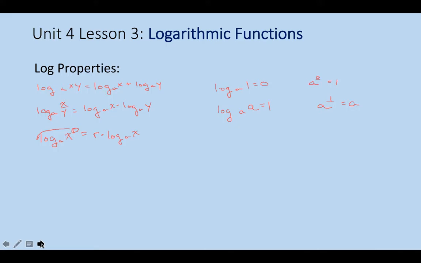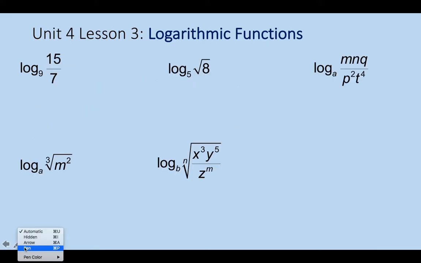All right, well, let's use these properties to manipulate some of these. Maybe we won't do all of them, but we'll do some of the simple ones. So here we've got log base 9 of 15 divided by 7. Well, when you are dividing, you subtract. And so this is log base 9 of 15 minus log base 9 of 7.